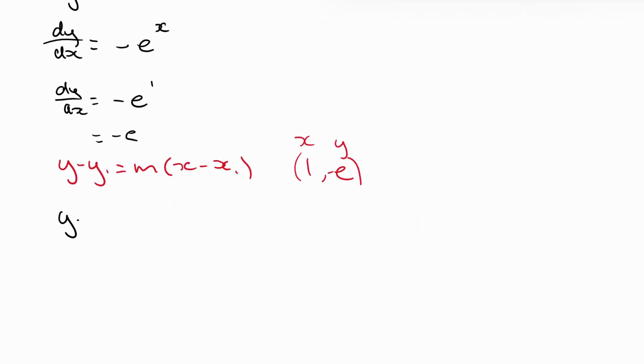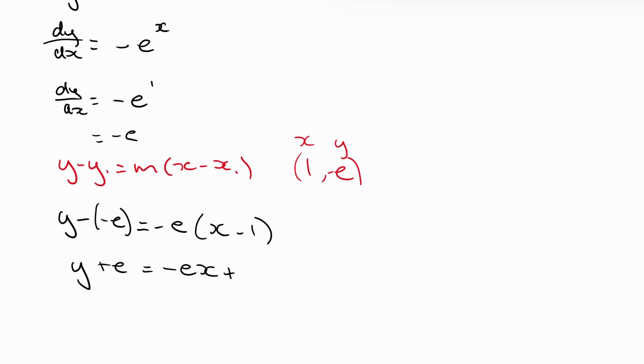So y minus e equals negative e times (x take away 1). So we end up with y plus e equals negative ex plus e, minus e, minus e. So I end up with y equals negative ex.